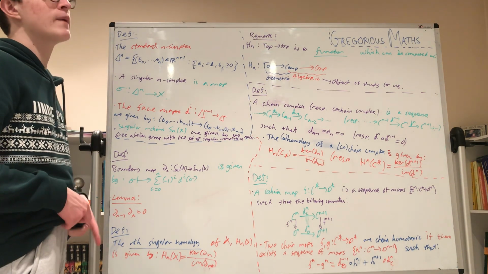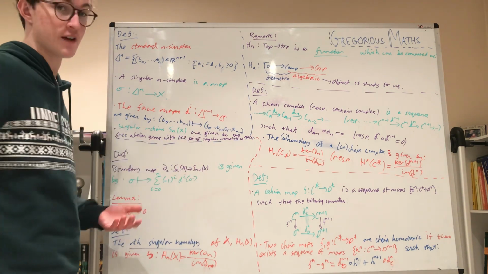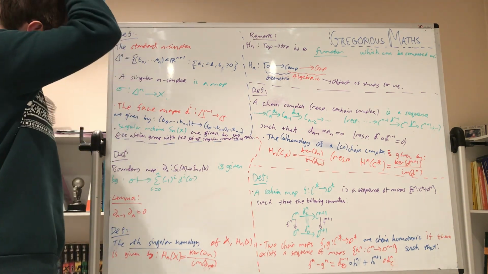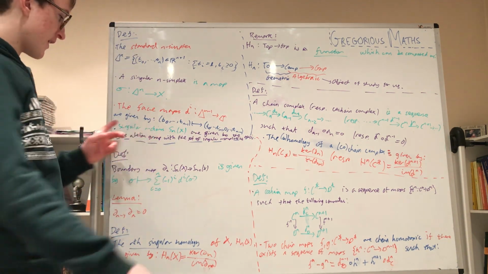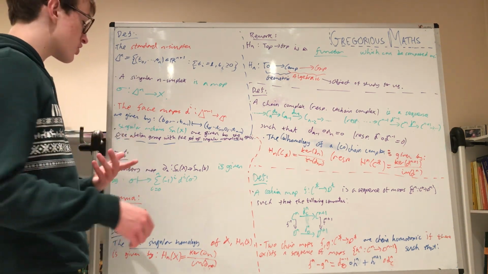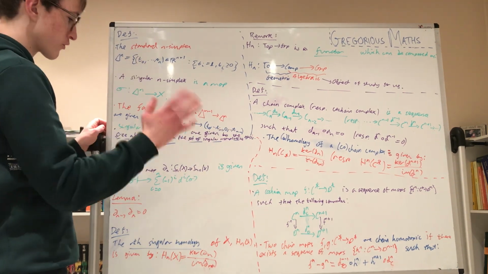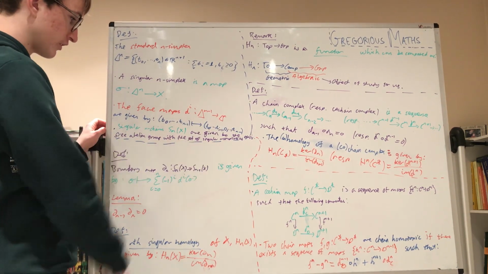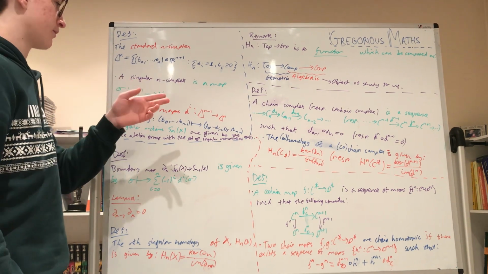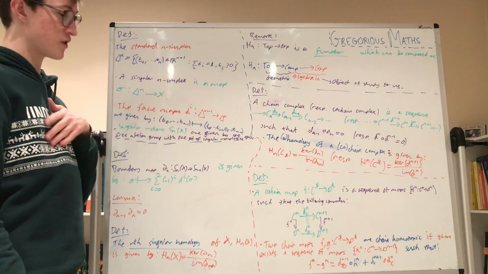The way we're going to define the boundary maps is by taking alternating sums of the ith faces of an n simplex. But first we have to define the singular n chains in a very similar way to what we did in the introduction. They're given by the free abelian group which has as its basis the set of all these singular n simplices.